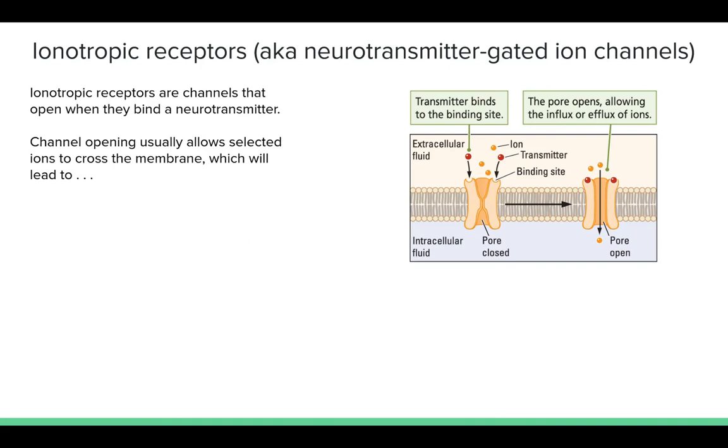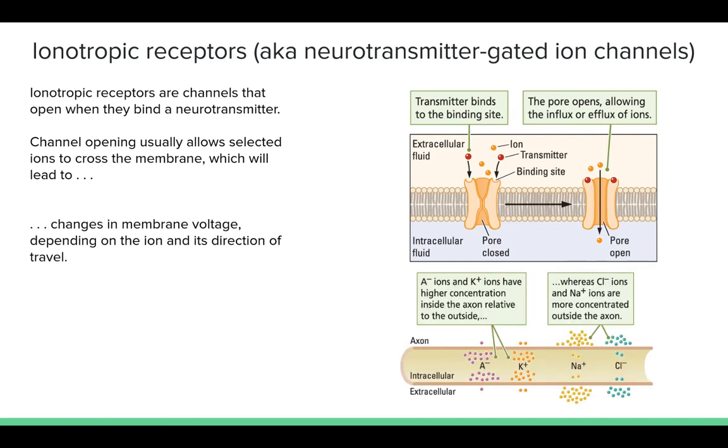And as you can expect, when we open a channel to let ions into or out of the cell, remember that's going to change the voltage inside the cell. If we're letting positive ions out or negative ions in, that's going to decrease the voltage of the cell.